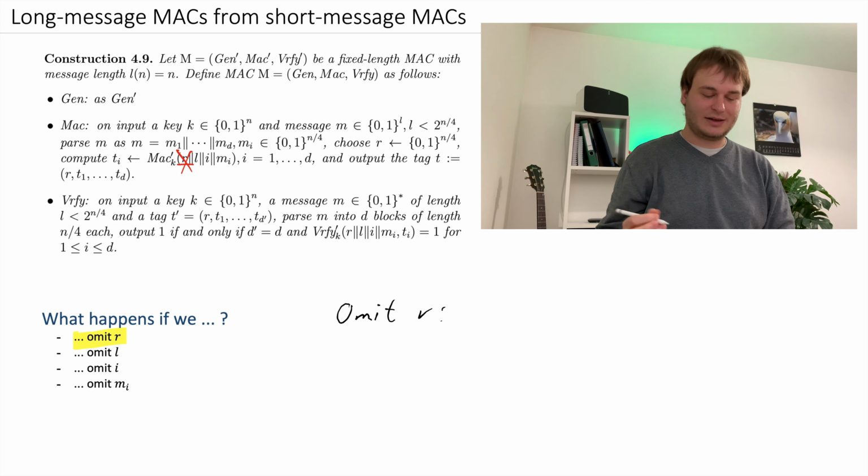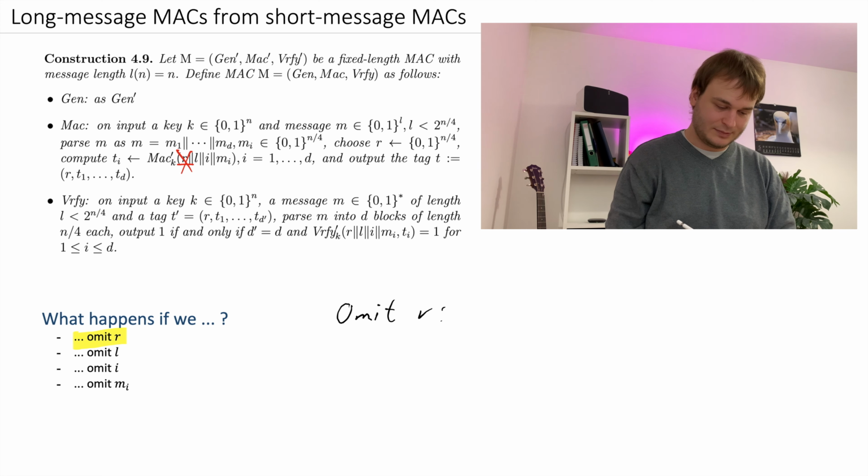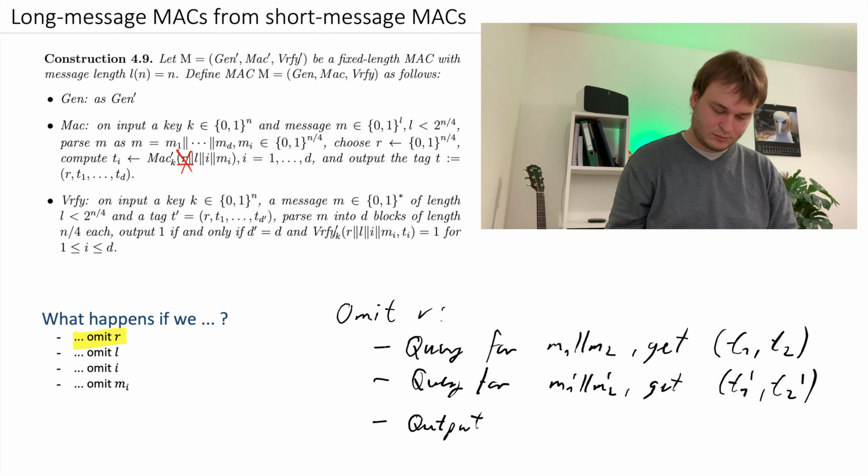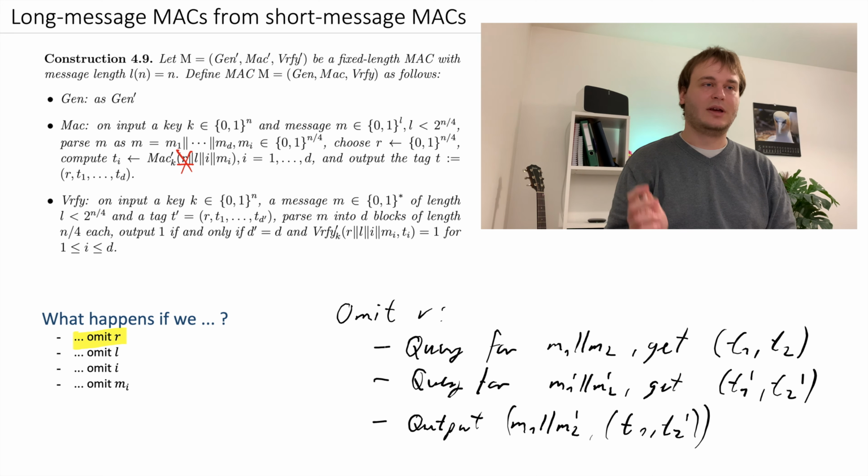And we can actually attack this using exactly this idea. So let's say all of the M1, M2, M1 prime, M2 prime, they're all distinct. So now there's no equalities between them. And then the attack is I query for M1, M2, and then for M1 prime, M2 prime.